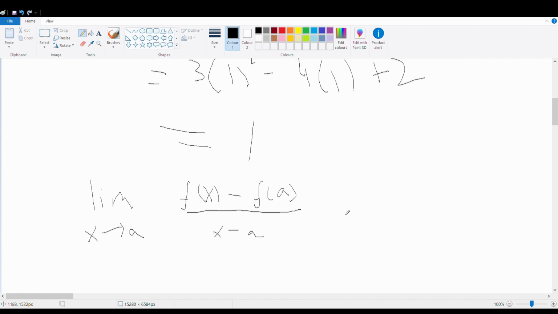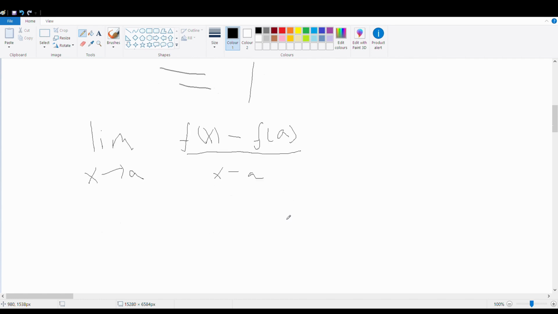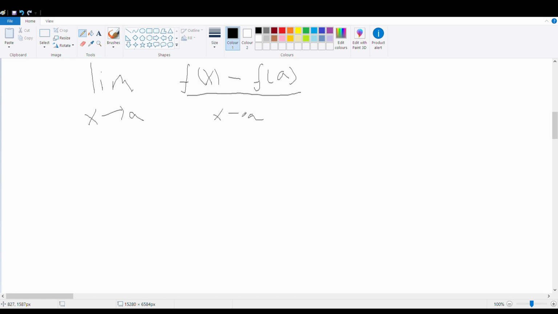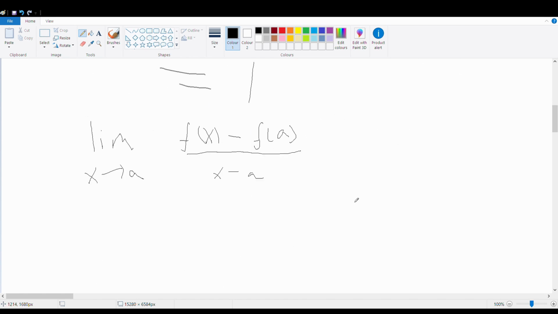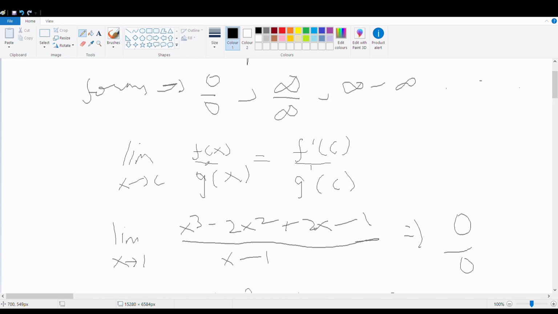Of course, there's also the graphical interpretation, but algebraically speaking, this is how the derivative is defined. I don't think I need to elaborate any further on this. This is what calculus is really based upon. So using this definition of the derivative, let us see if we can get L'Hopital's rule.